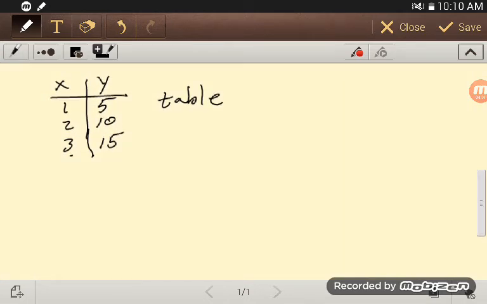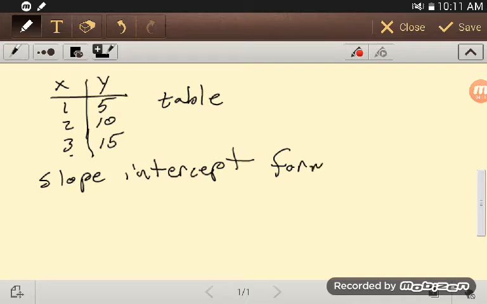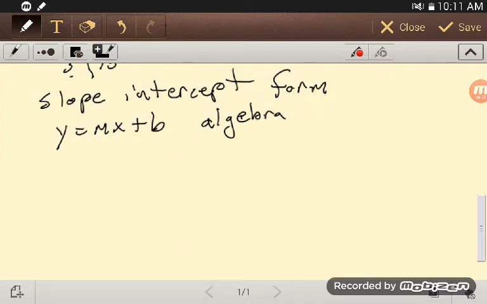Now what we want to do, and we'll start with what we call the slope-intercept form. The reason I want to start with this form is, one, probably most of us are most familiar with this, where we have an algebra here, but then we could also have a picture.